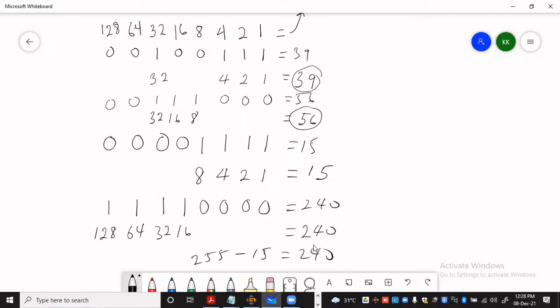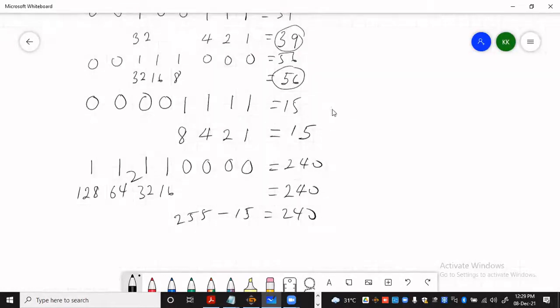Does that make sense? Yes, sir. So the same thing with this one over here. Since you know that the maximum you can get is 255, and you know 240 has been switched off, another way to get this one is to use this.